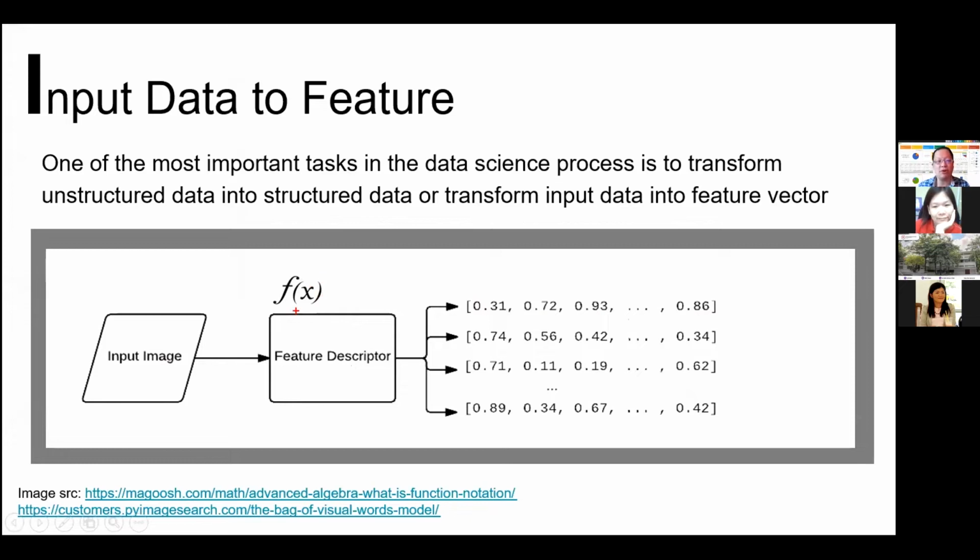One function would transform this image into one set of numbers, and a different function would transform it into a different set of numbers. One research topic in data science is to come up with this function f(x) that can extract more meaningful knowledge from the picture. Next.